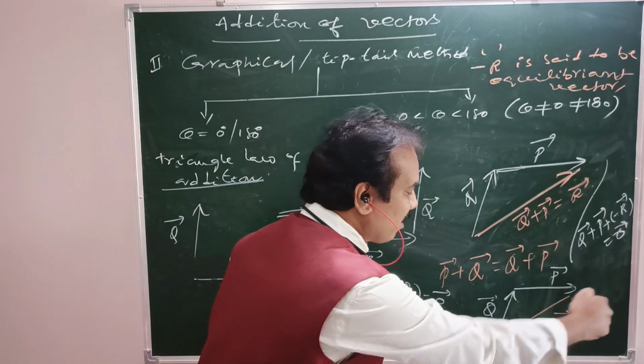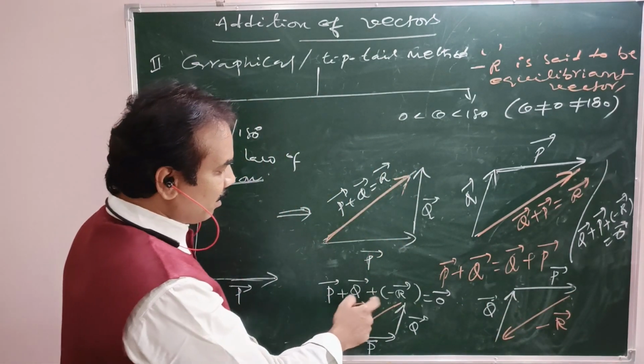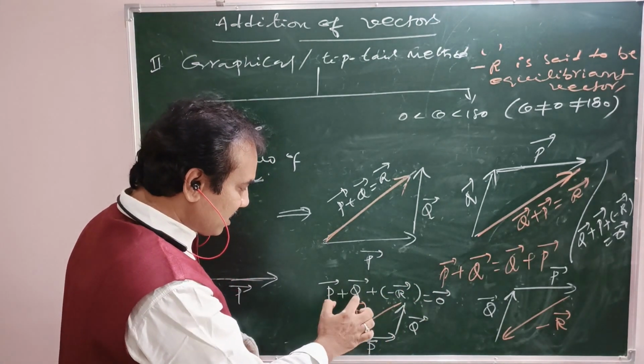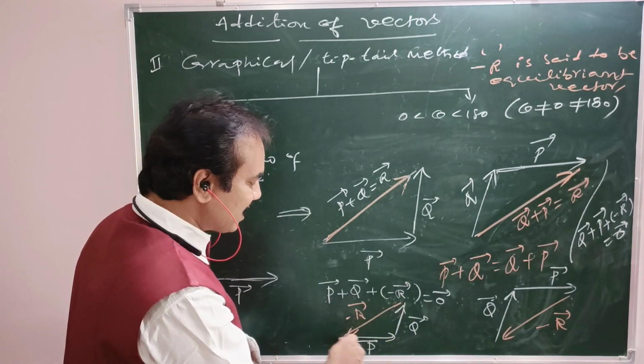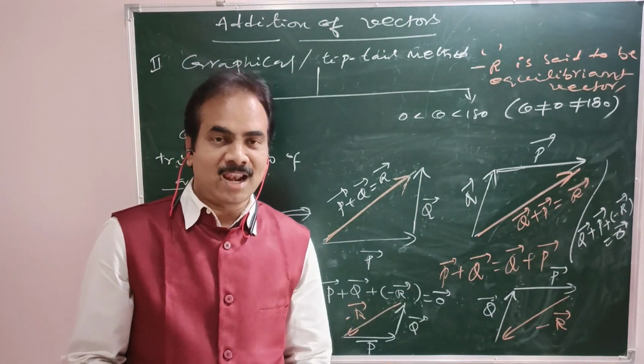Am I right? In the same order, head to tail, head to tail, head to tail. Here also, if 3 vectors are acting at a point such that to have 0 resultant, then those three vectors can be taken as the sides of a triangle in the same order. This is the other statement for triangle of addition.